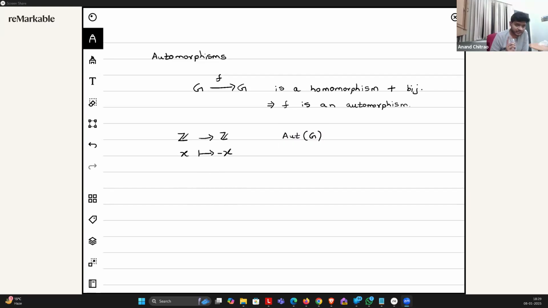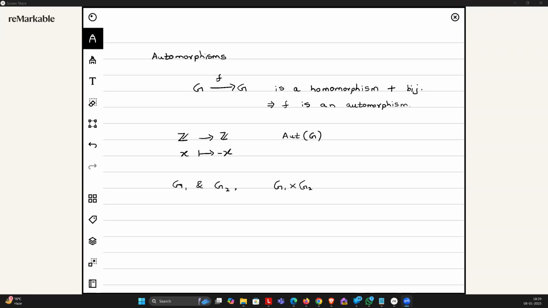Now comes the important part: how to construct some additional groups out of groups that you already know. You have done that before. Starting with G1 and G2, one can look at the set G1 cross G2. Can somebody tell me what this set is? Ordered pairs a, comma b, where a is in G1 and b is in G2.